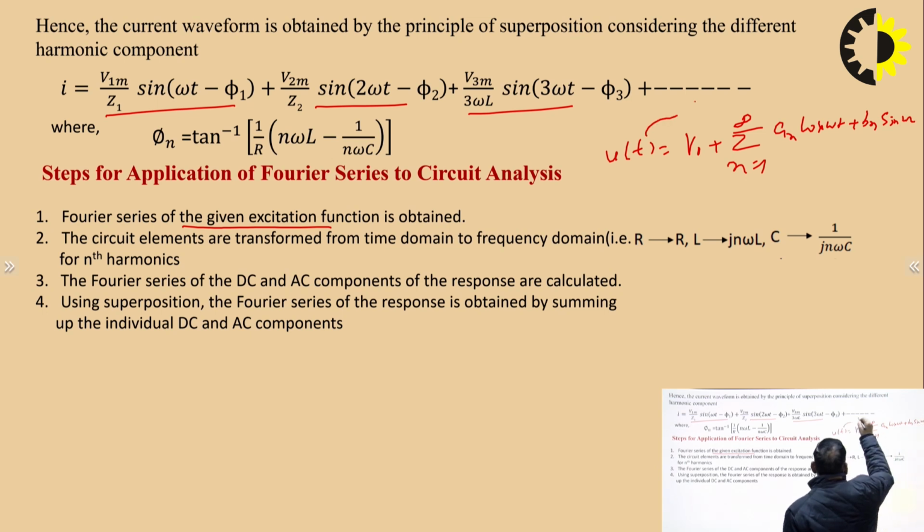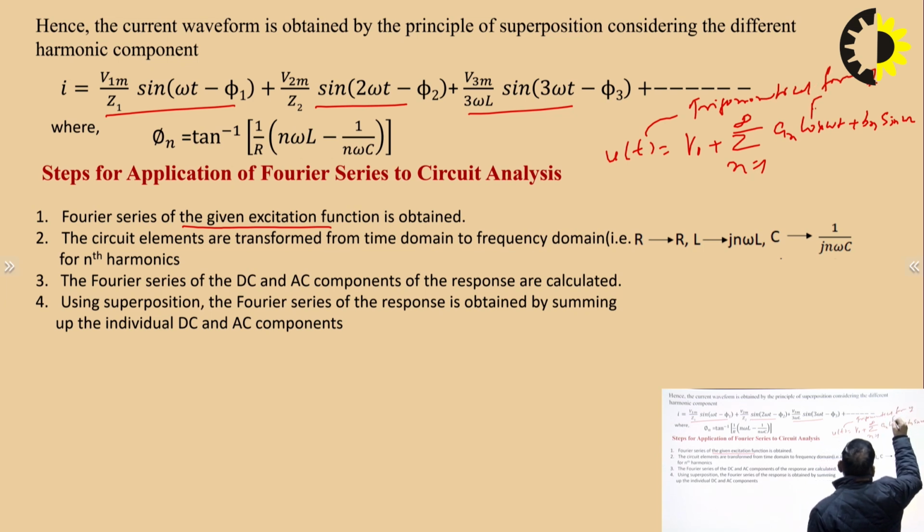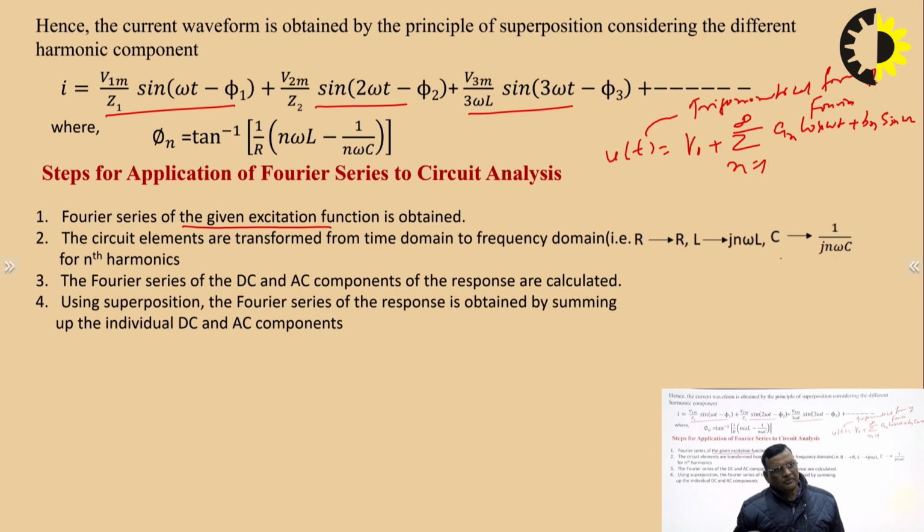So this is the trigonometrical form of Fourier series. Remember, when the input is non-sinusoidal periodic, we apply the Fourier series, because the Fourier series is also known as the harmonic series, since harmonic analysis is carried out with the help of the Fourier series. So the first step is to find V(t) by using the Fourier series.